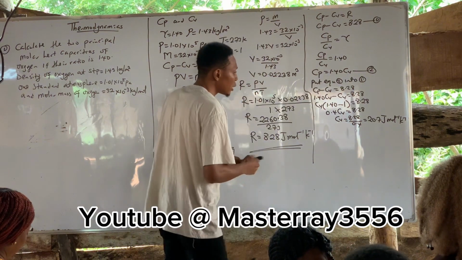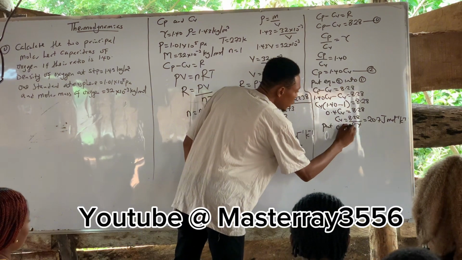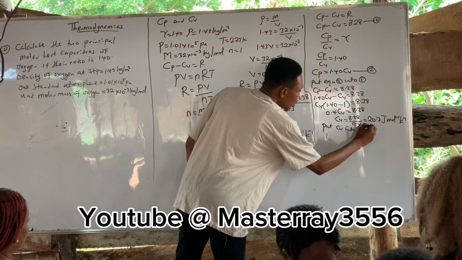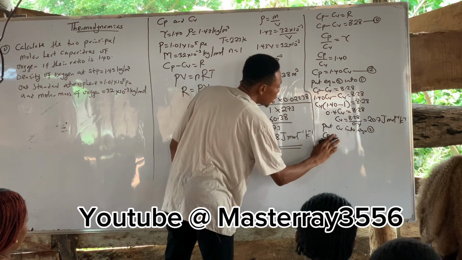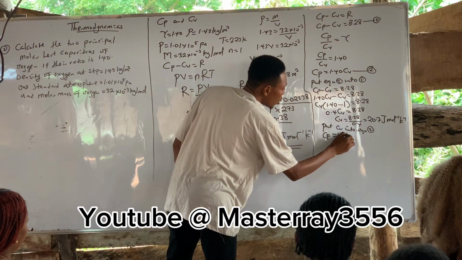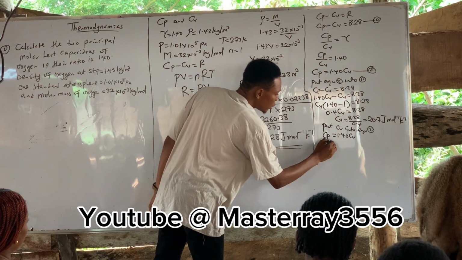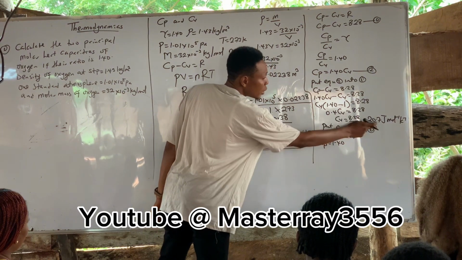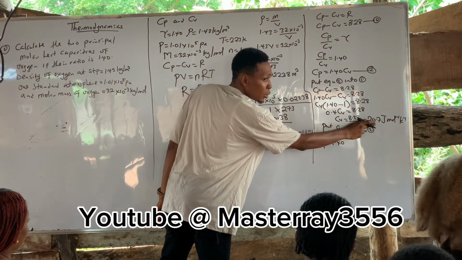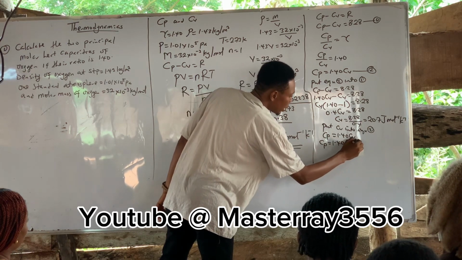So this time I can say put Cv into equation what? Equation 2. Equation 2 is what? Cp equals to 1.40 Cv, right? So from there our Cp will be equals to 1.40 times what's our Cv? 20.7.